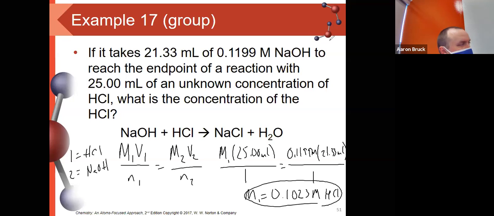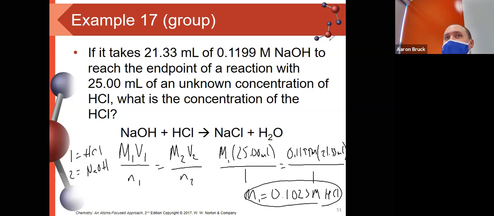Okay, most of you are on the right track. This is the process that you want to go through. I saw some of you going through and doing the dimensional analysis process. That will always work. That'll always be there in your back pocket.